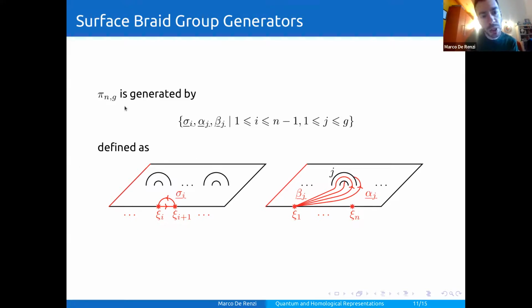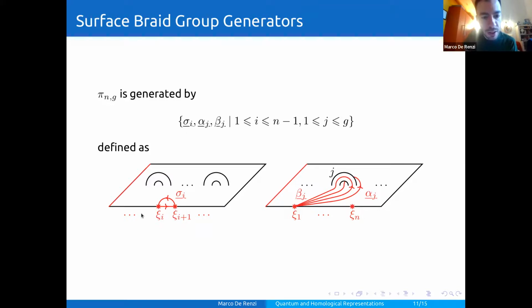So I recall to you the fundamental group of the configuration space has three kinds of generators. Well, it's mainly two kinds of generators. So we have these sigma i generators, which are standard braid generators, classic braid generators. And then we have surface braid generators, these alpha j's and beta j's.